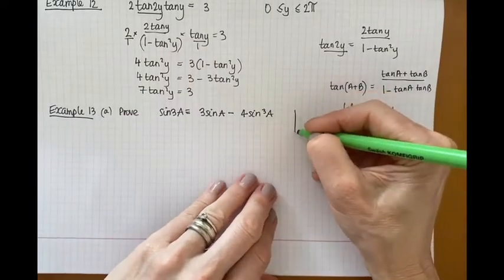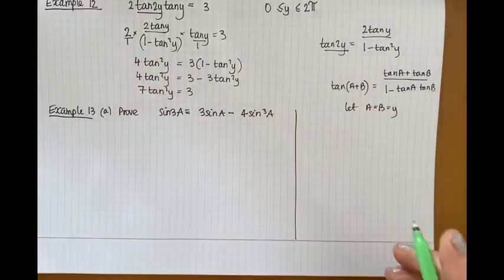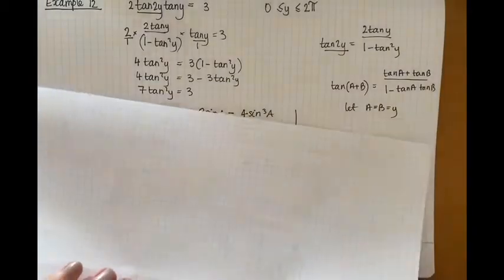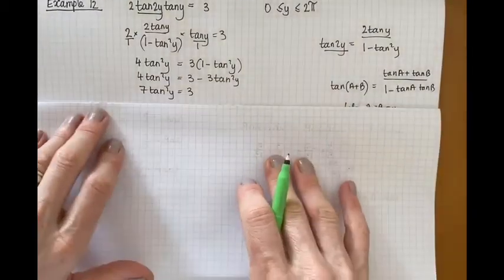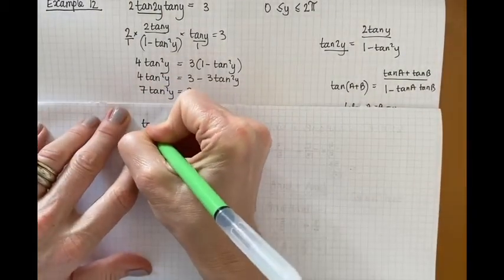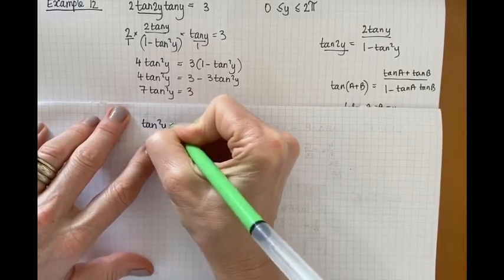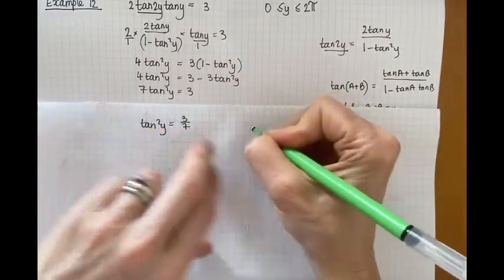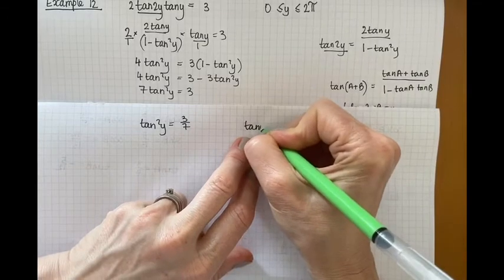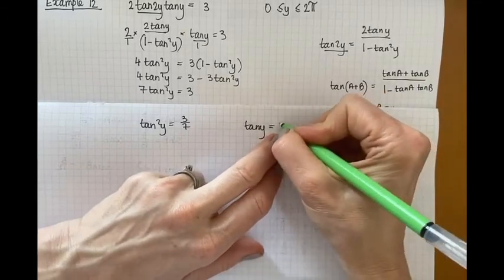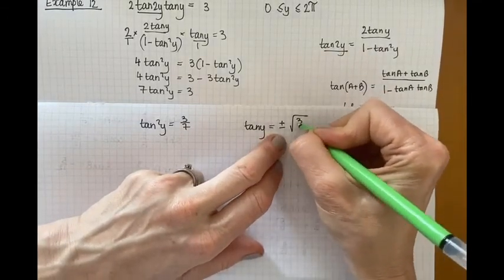Let me just make some room over here. Actually, let's do it on a separate piece of paper. So you've got 7 tan squared y, which gives me tan squared y is equal to 3 over 7. So tan y could be plus or minus square root of 3 over 7.